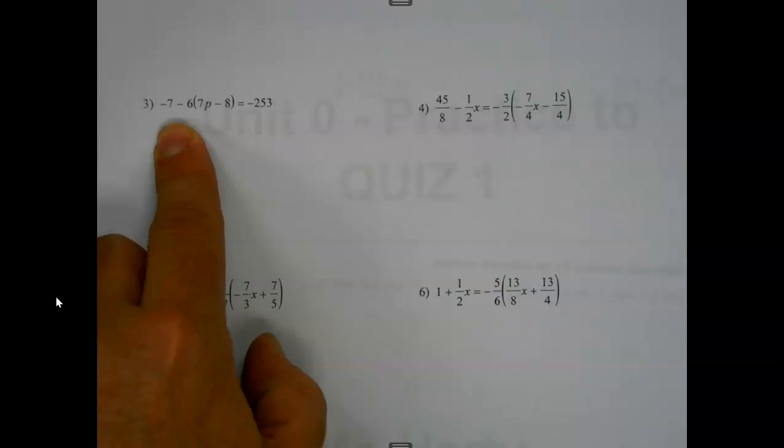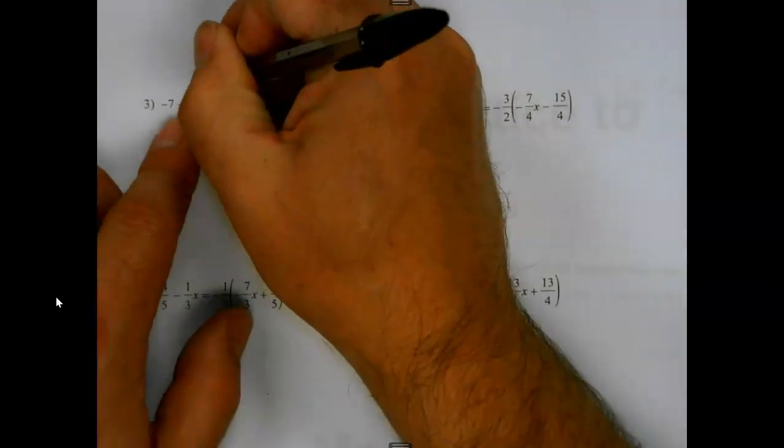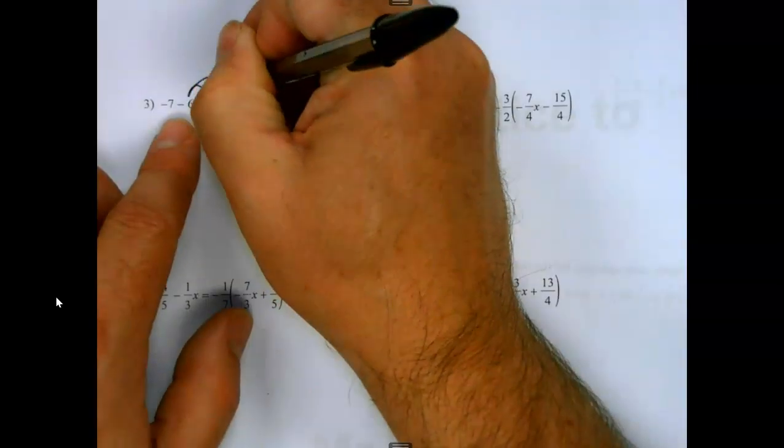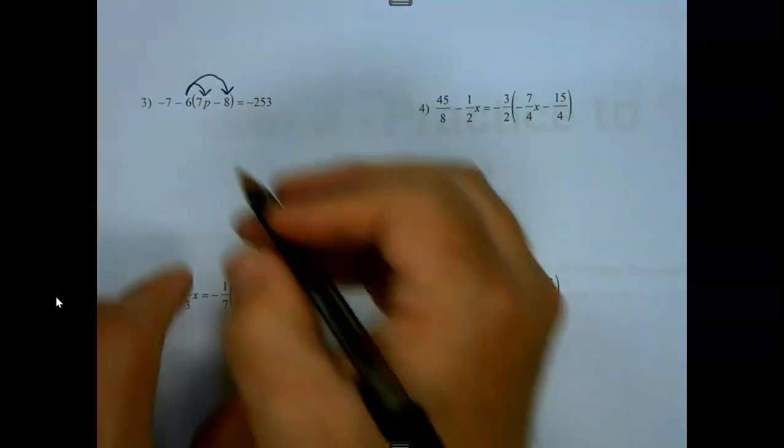For instance, it's very tempting to do -7 minus 6, put -13, and then distribute it. But that's not how this works, because order of operations tells us that if there's anything outside of parentheses, that needs to be taken care of first. Is it 6 or -6?